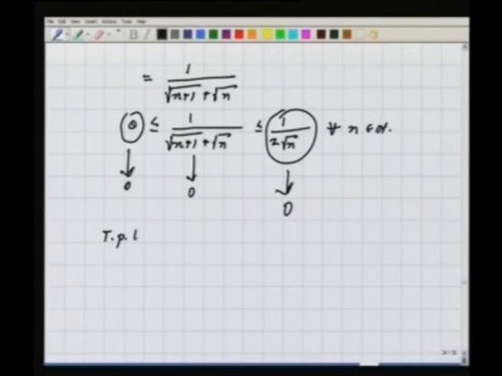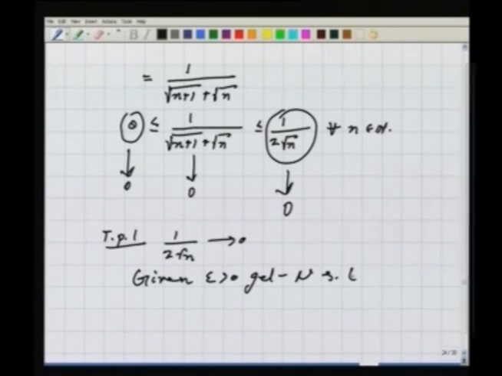Well, to prove it, what I always do is, given epsilon bigger than 0, get capital N such that for all n bigger than or equal to N, 1 by 4n is less than epsilon.